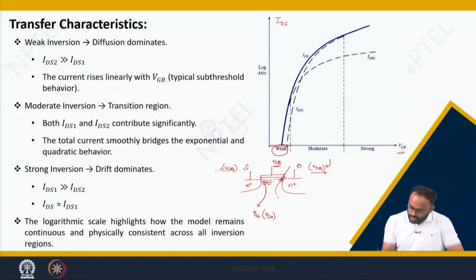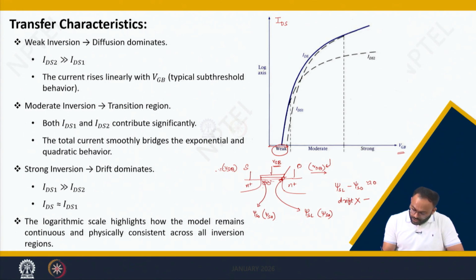Similarly, at this edge, psi s l is nothing but psi s a. If you see carefully, the difference between psi s l and psi s 0 is almost 0, meaning no electric field exists which pulls the electron from source to drain, and you can say there is no drift component.